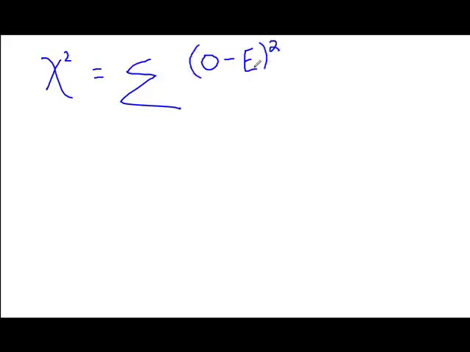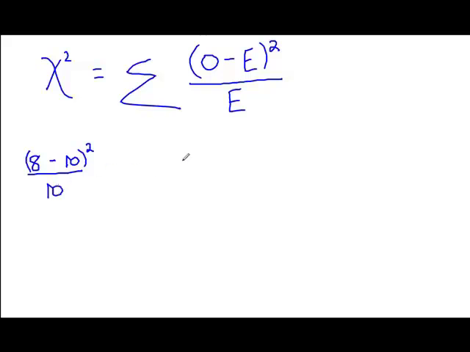The formula for chi-square is this. We're going to do the summation of the observed values minus the expected values. That difference is squared. Then it's divided by the expected value and then added together. The observed was 8, the expected was 10. Divide, after you square them, by the expected value.